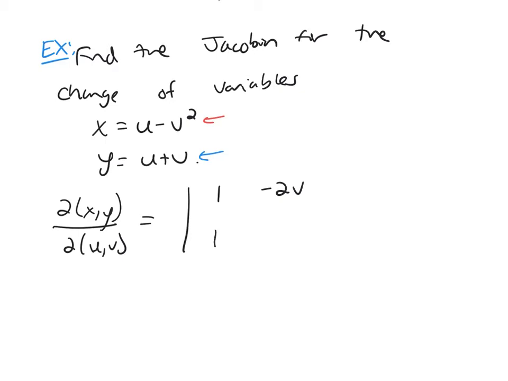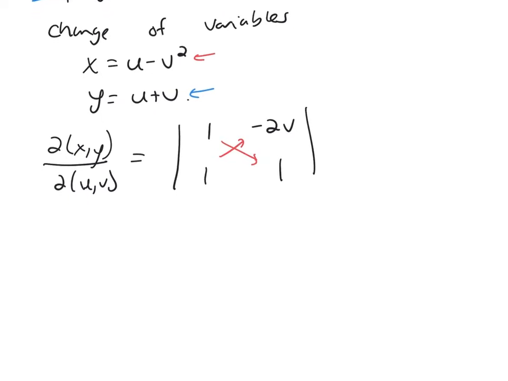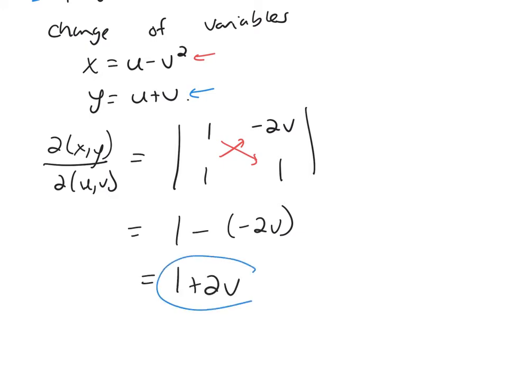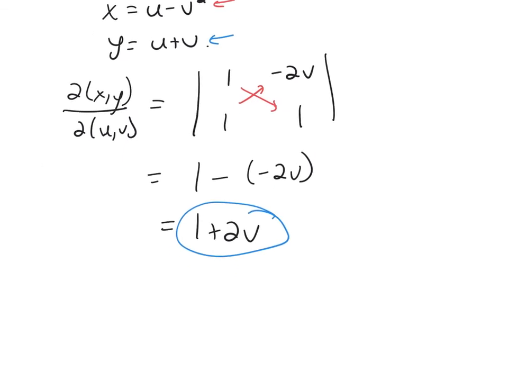The derivative with respect to v is also 1. So then you just need to take the determinant of this 2 by 2. Remember, it's diagonal minus the other way. So this is going to be 1 minus a negative 2v, or 1 plus 2v. And that is our Jacobian.